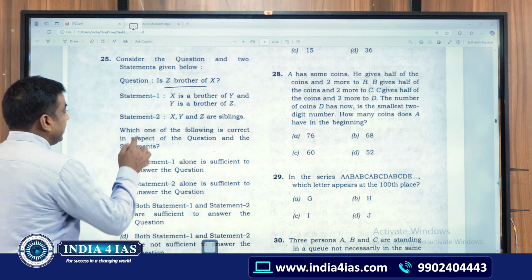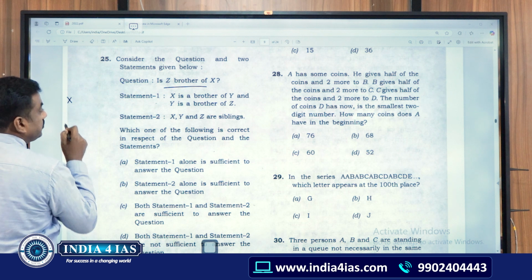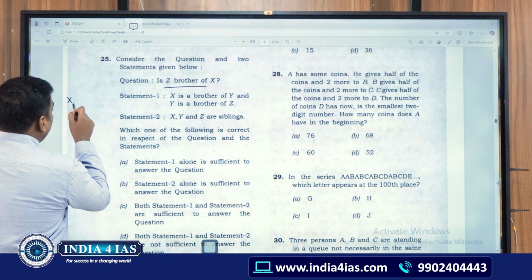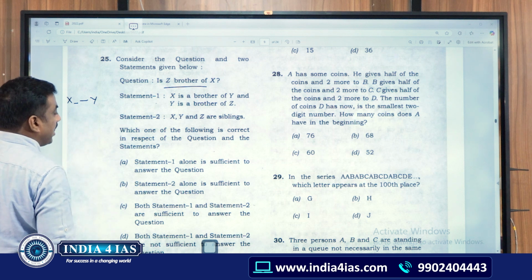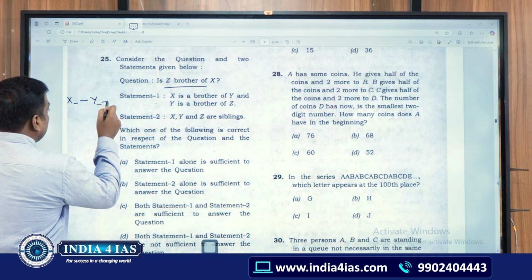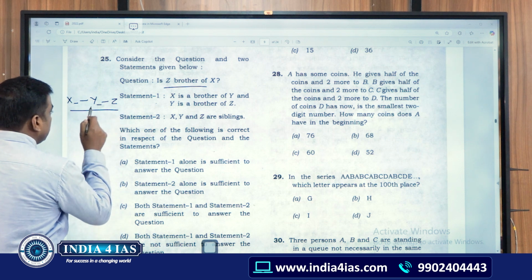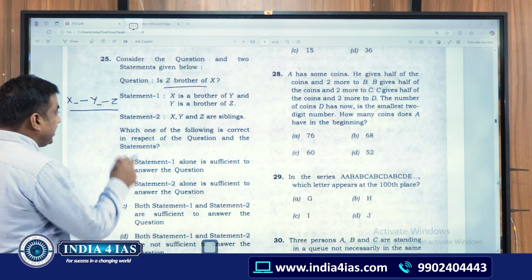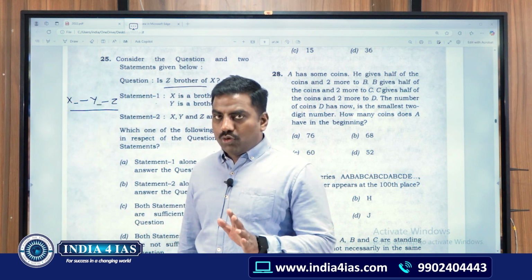Now, statement 1 alone. X is brother of Y. Male, for male I am marking minus. X is brother of Y and Y is brother of Z. So these are 3 siblings. It doesn't tell us that Z is a brother. X is male, Y is male. We know only that much.